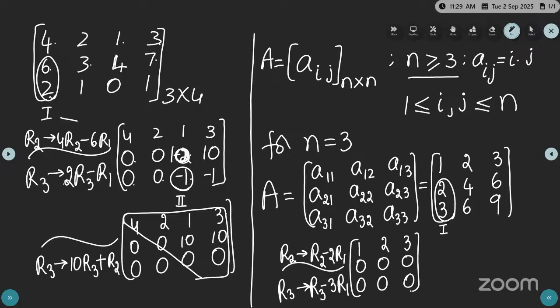What is the rank now? The rank is 1. Okay. Even for n equal to 4, 5, 6 up to n, whatever the positive integer that n may be, the rank will be, what is it? 1 only. This sort of question will be given, and was given in the previous examinations.